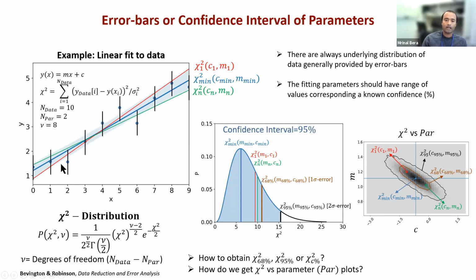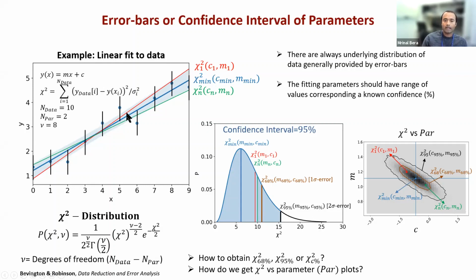When you fit, you get a collection of parameters. Like here, the minimum chi-square for this particular data, shown by this blue line, gives you C minimum and M minimum, the intercept and the slope. Now you can say that I can get another set of parameters, C1 and M1, which gives you another chi-square.